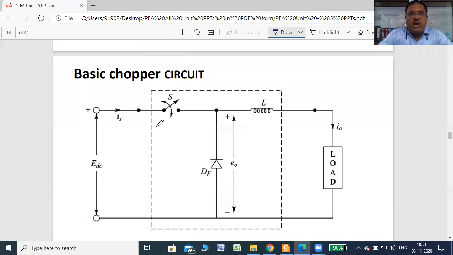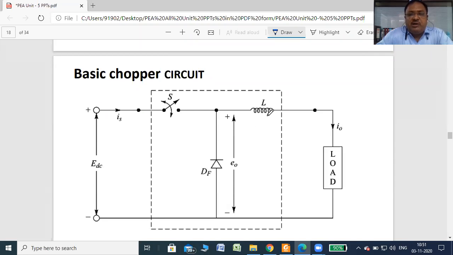Even commutation is required if you are using SCR as a switch. That circuit diagram is not shown here, only the switch is shown. Even the SCR is not shown; in place of SCR, a switch symbol is shown, so we can use any switch. That's why the symbol of a switch is used in the figure.